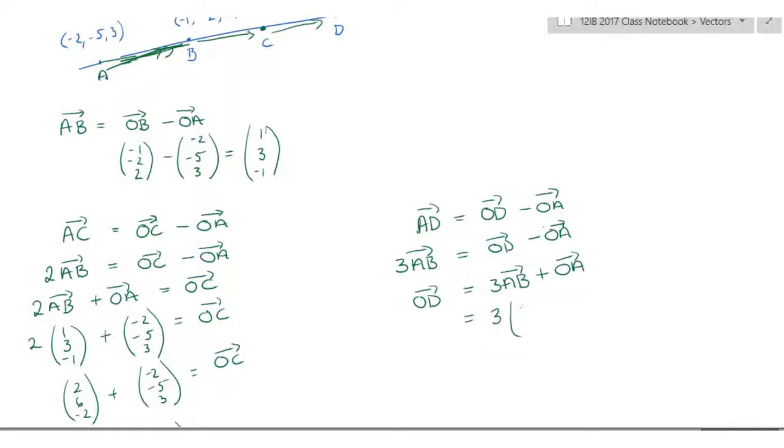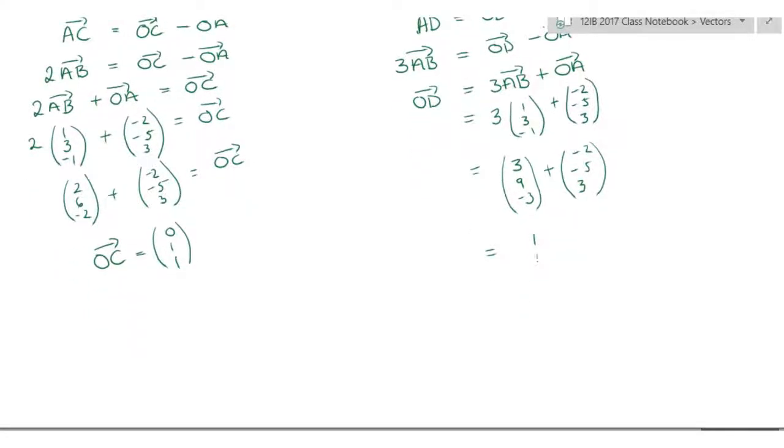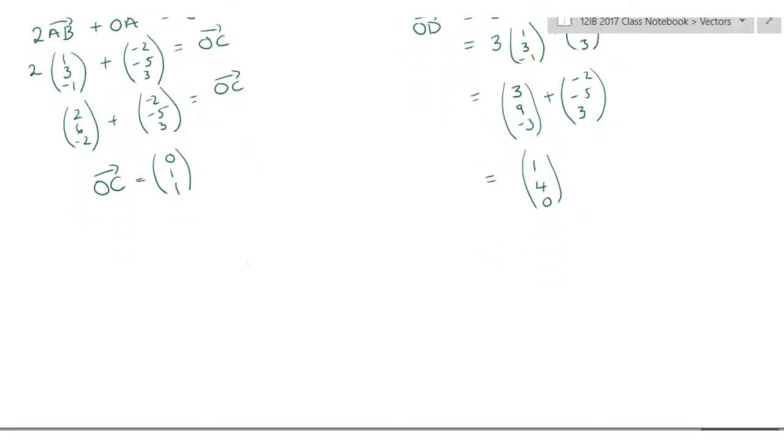We know our AB again, 1, 3, -1, and our OA is -2, -5, 3. So working out 3 lots of our AB plus our OA gives us our OD of 1, 4, 0. Now obviously the question asks for coordinates. So our coordinate of C is 0, 1, 1, and our coordinate of D is 1, 4, 0.